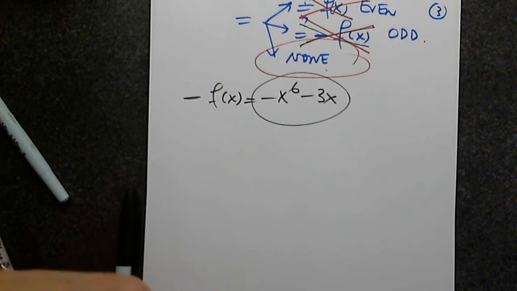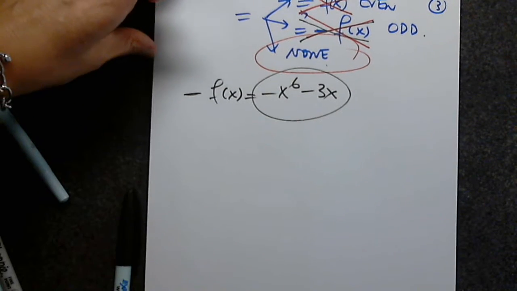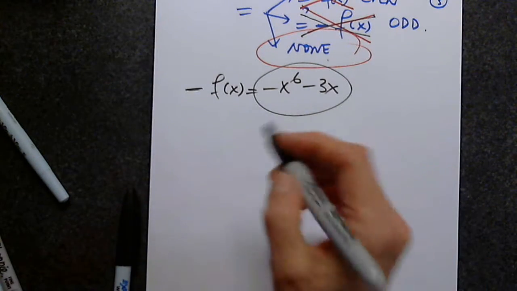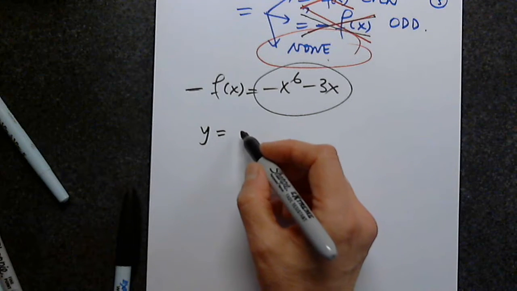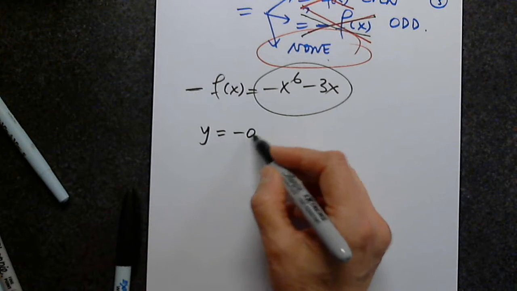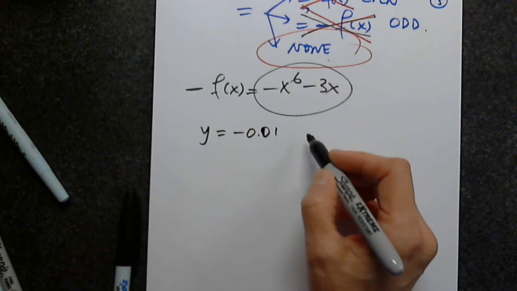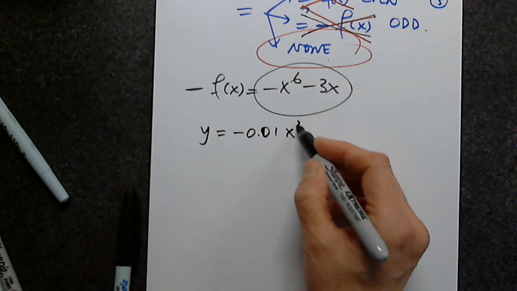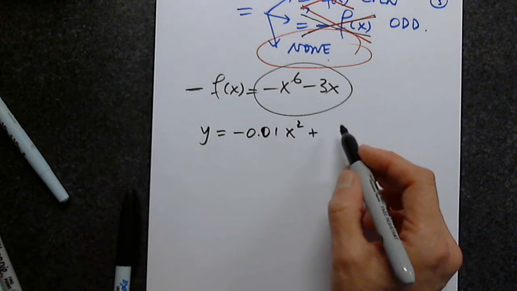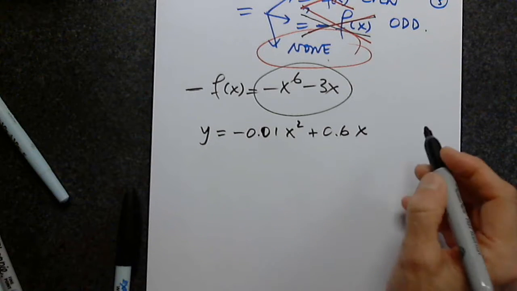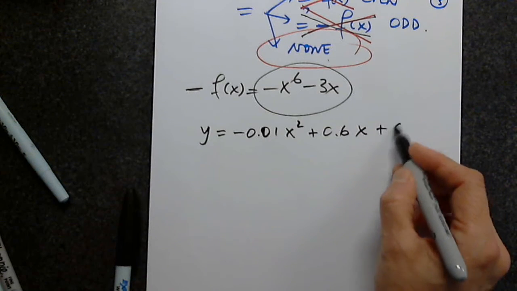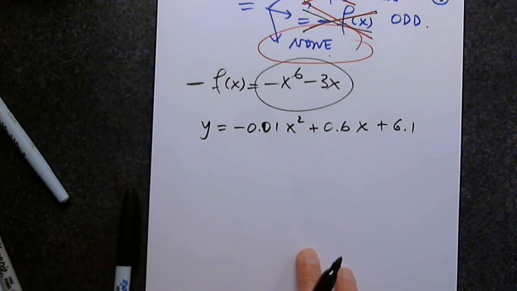Okay, it was a word problem. Long story short, the equation is y equals negative 0.01x squared plus 0.6x plus 6.1. Perfect. And what do we need to do?